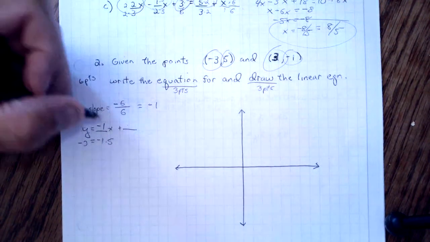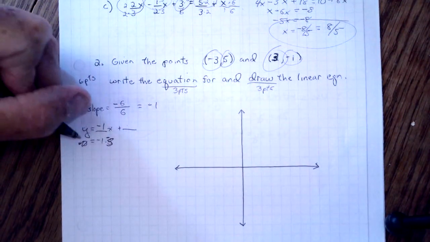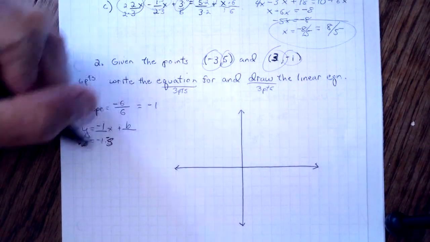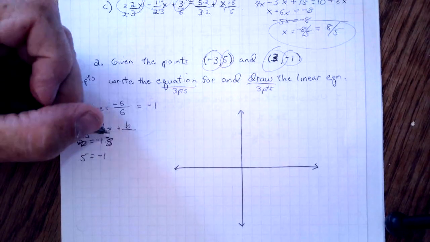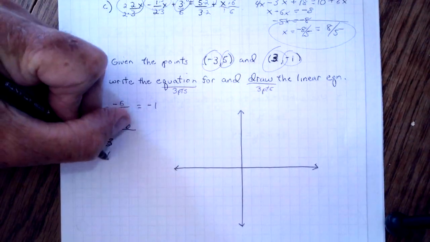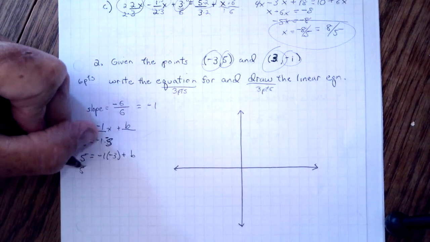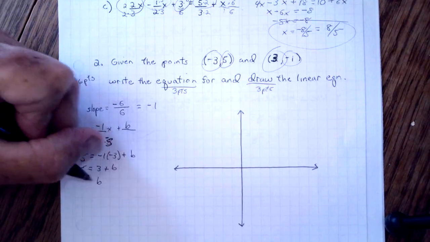So, oops, see, don't do that. -3, and that one's 5. There we go. So I get 5 equals m, which is -1, times x, which is -3, plus b, or 5 equals 3 plus b. Well, 3 plus 2 is 5.